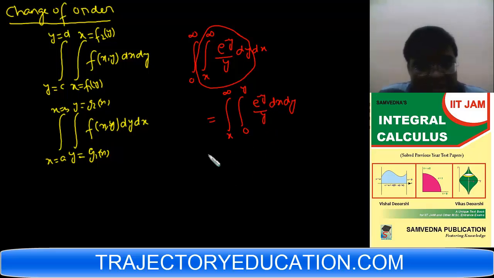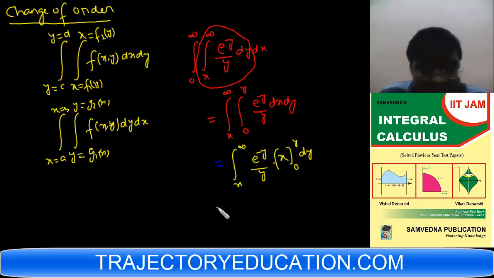Now this is integrable. I can integrate with respect to x, keeping y constant. Integral of dx is going to be x, and then I put the limit of x from 0 to y. Sorry, I am very sorry, the limit is not x to infinity.